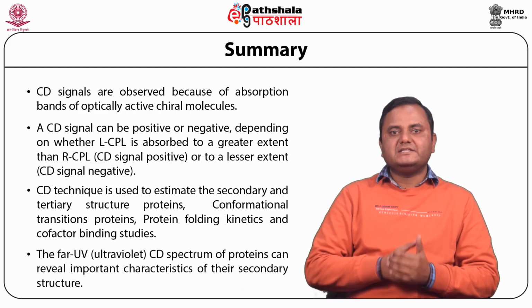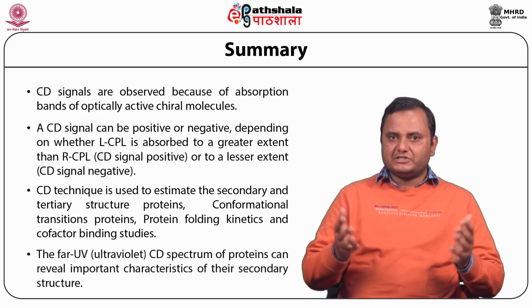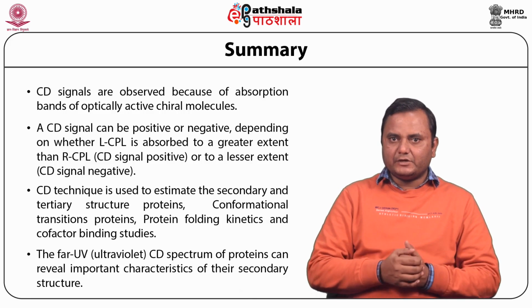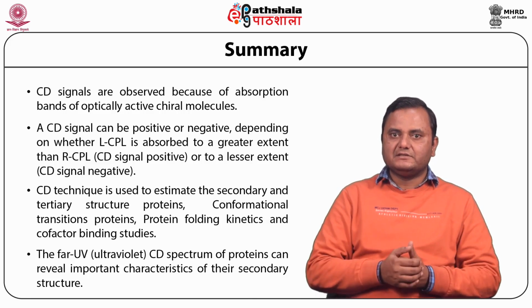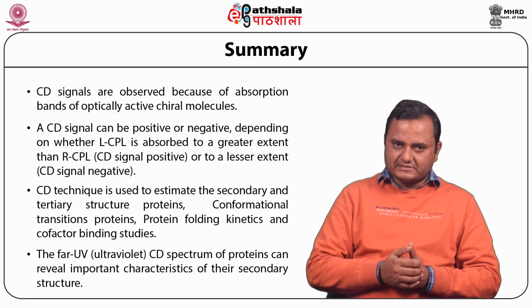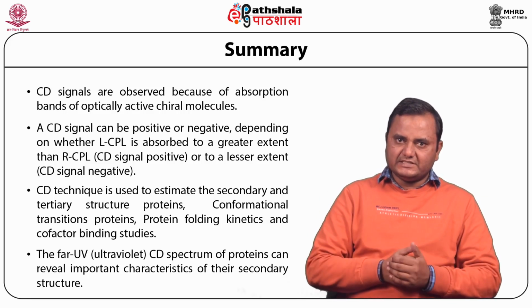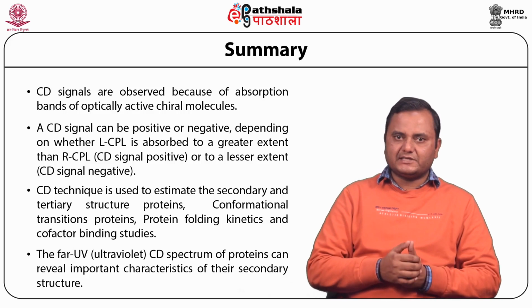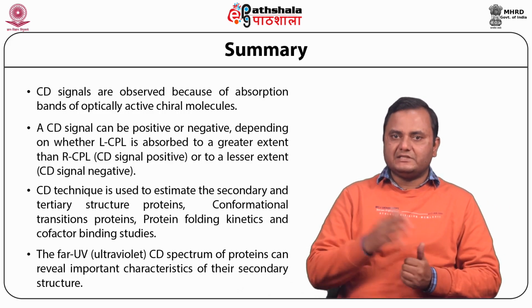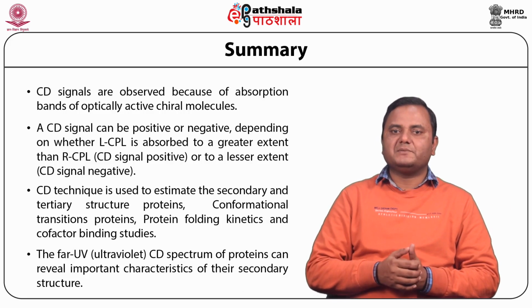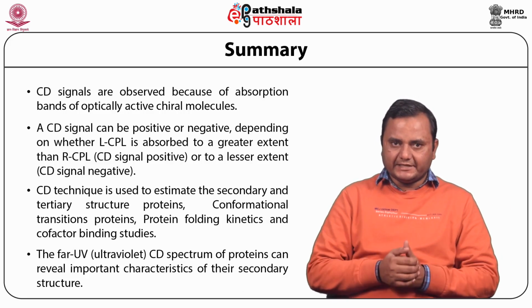Near UV CD in the region of 250 to 320 nanometer gives important characteristic features and information about the tertiary structure of the protein, and the far UV CD spectrum gives you information about the secondary structure content.